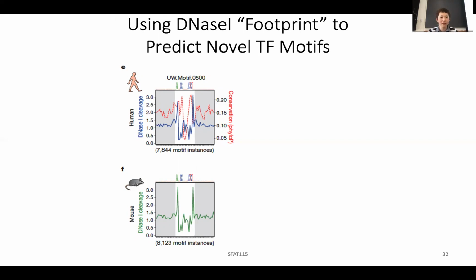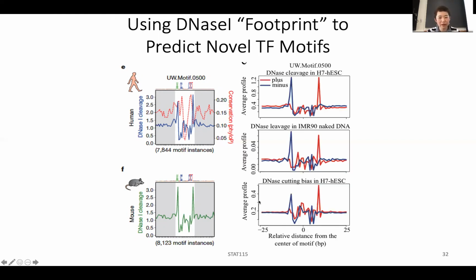It turns out this is actually a bias. If you look at the naked DNA cutting, it also creates this left cut and right cut, and the middle is unfavorable in terms of cutting. And the motif they identified there is not a transcription factor motif at all. So we need to be more careful about this.